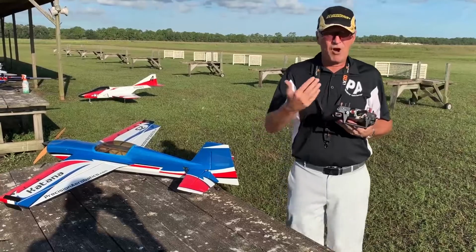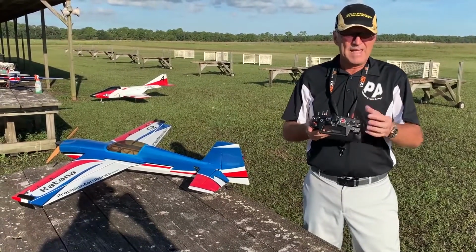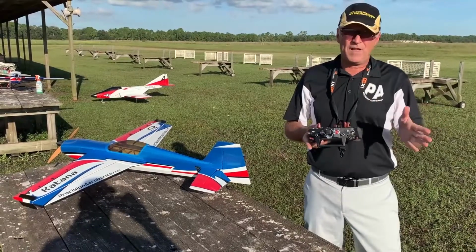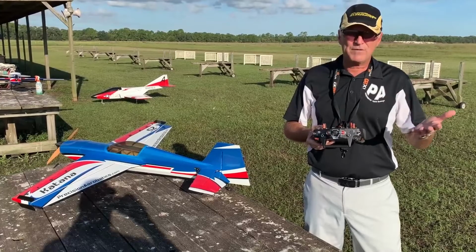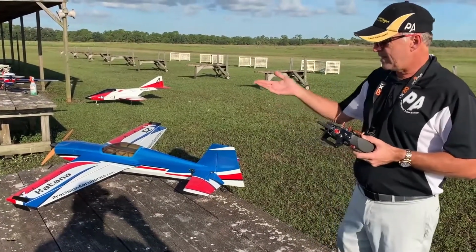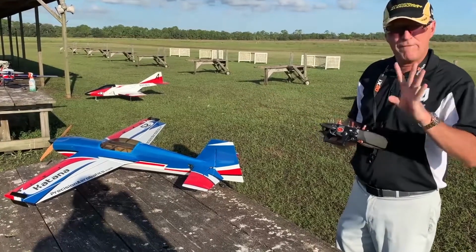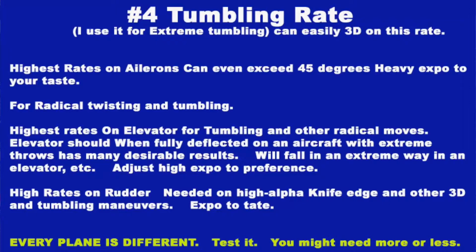I'm going to make a plea to all of you. Get used to switching rates. If you switch rates, every part of your flight envelope will look good. It will be smooth, and you'll have the proper rates. What I'm trying to do now with my plane is also set a 4th rate, and I call that a tumbling rate. Some of the planes have so much elevator.